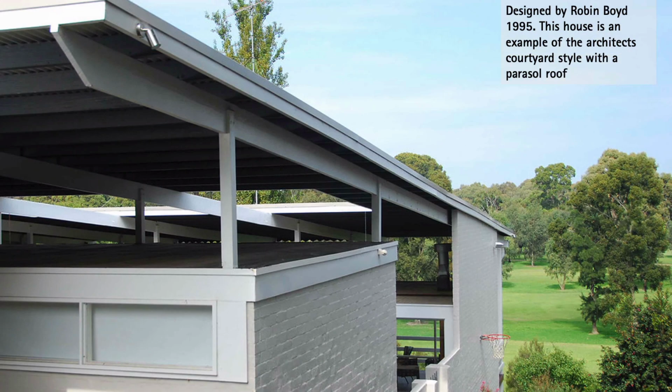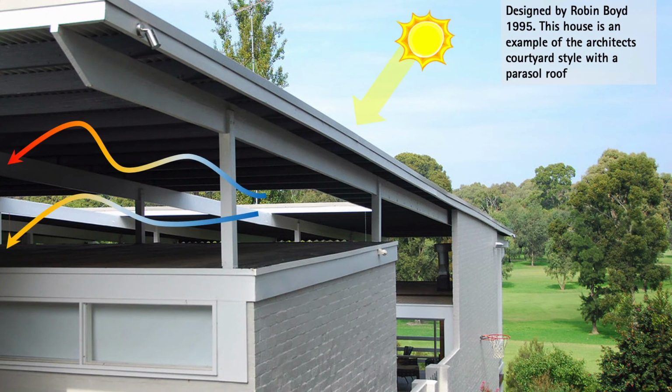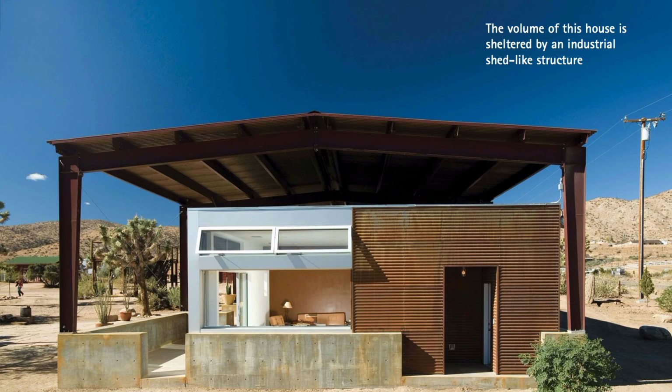Now, if we take the issue of size to perhaps its natural limit, we see this type of design, which is like a parasol roof, where there's actually a secondary roof that's placed over the top of the conditioned space or the envelope of the building below. This allows for a huge amount of air movement and ventilation in between that top parasol roof and the space below.